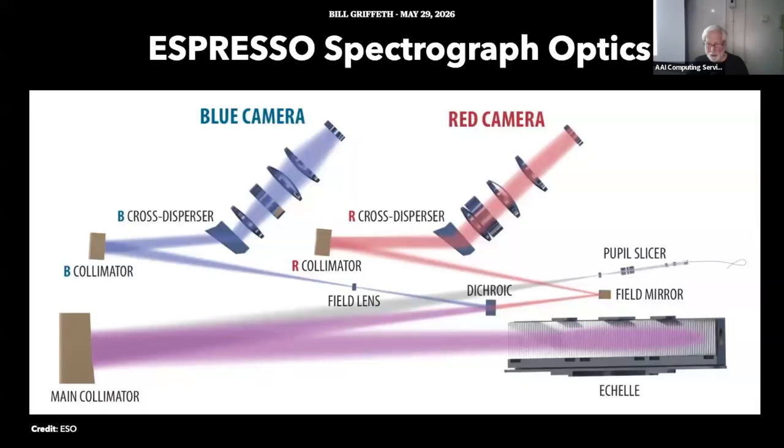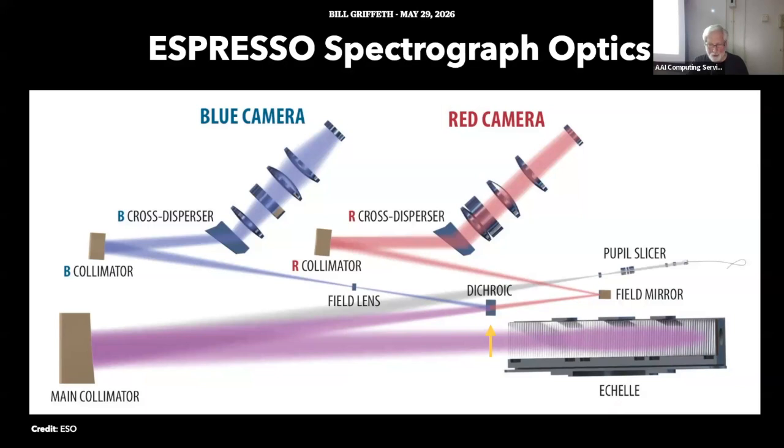And so let's look at the light path here. Light from ESPRESSO's front end enters the spectrograph through a single fiber. So the spectrum of only a single object will be produced at the echelle grating, which is there. And the grating disperses the entering light into a series of spectral orders. The dichroic beam splitter then separates the shorter and longer wavelength portions of the orders.